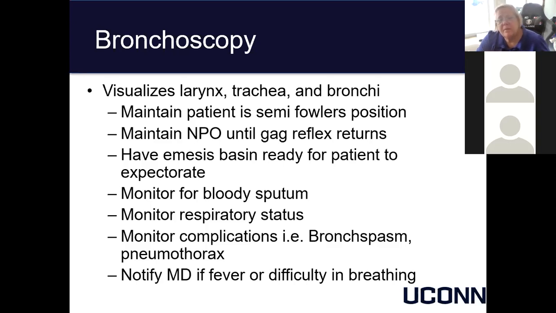You're trying to keep them comfortable and calm so that we don't increase the risk of bleeding post-procedure. And then other folks who are prone to bronchospasm, having a foreign object down into those tissues can perhaps increase the risk of bronchospasm and even pneumothorax.